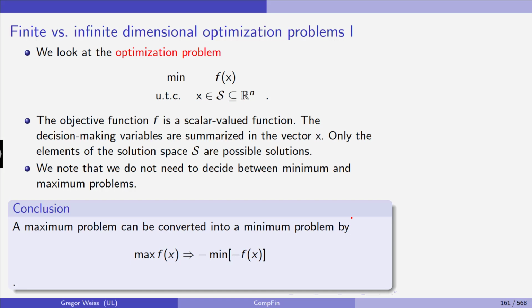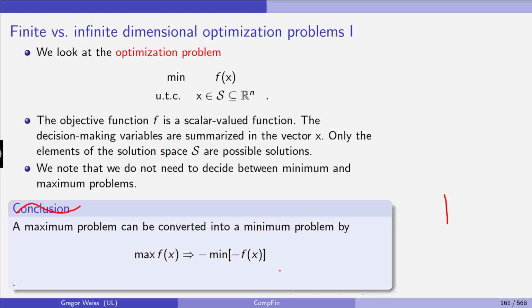Why? Because this is a simple fact: any maximization problem can be converted into a minimization problem. The maximum of f is equivalent to minus the minimum of minus f of x.